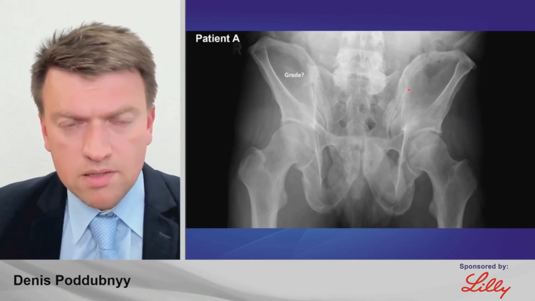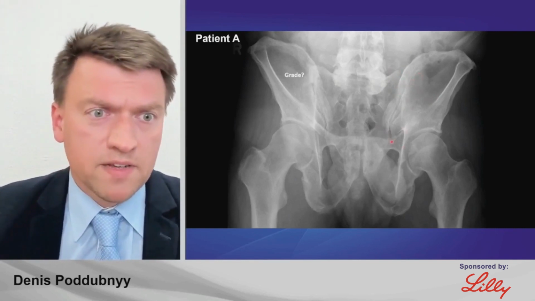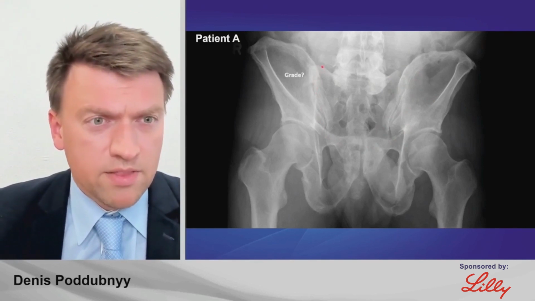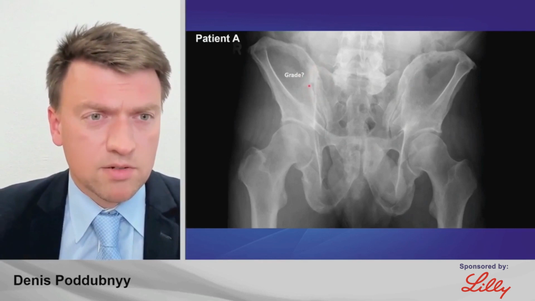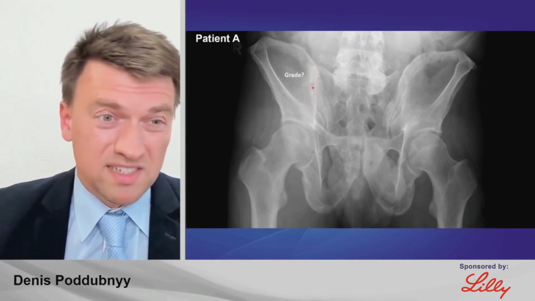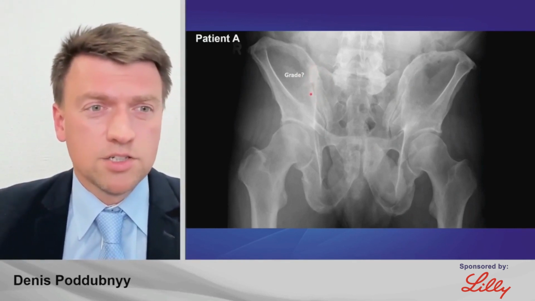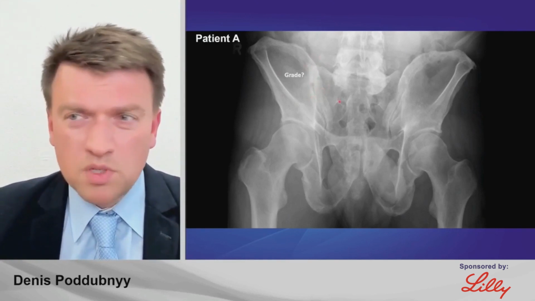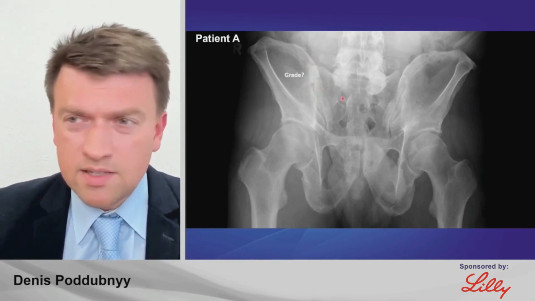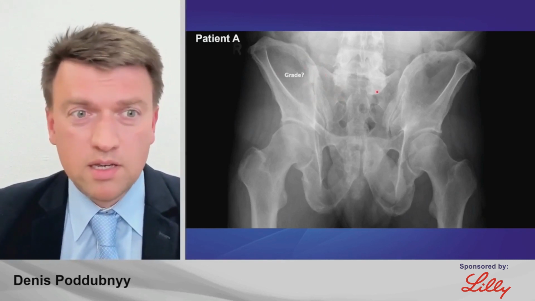What you see here is that the left side is fairly normal, and on the right side there is a pathological finding. Here you see some sclerosis, and if you look precisely, you don't really see a joint space here very well. So it will be a question: what is the grade? Is it sacroiliitis? And if yes, what would be the grade?